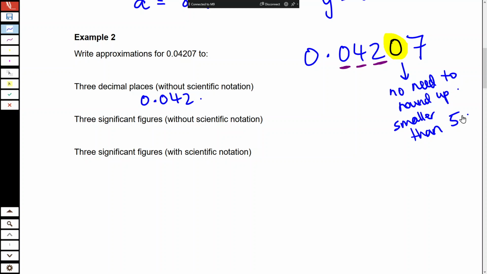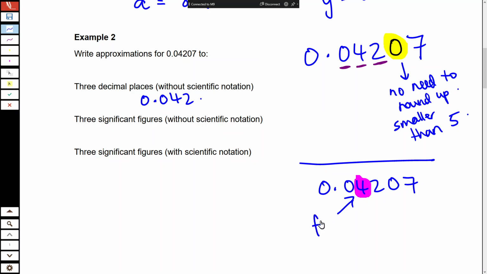Okay, next one is sig figs. Where is the first significant digit here? 4. This is the first number that gives us information about the size or magnitude of the number.